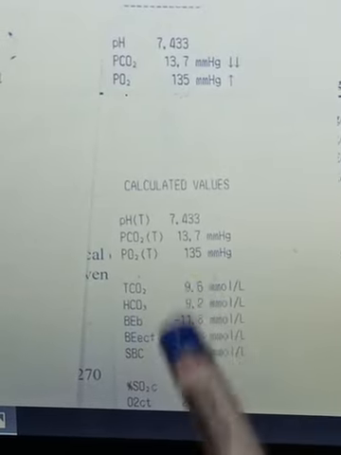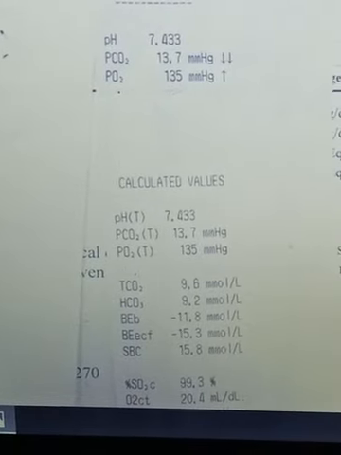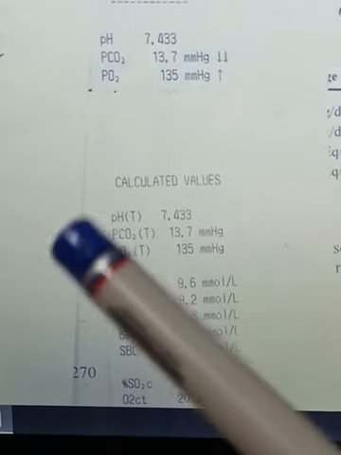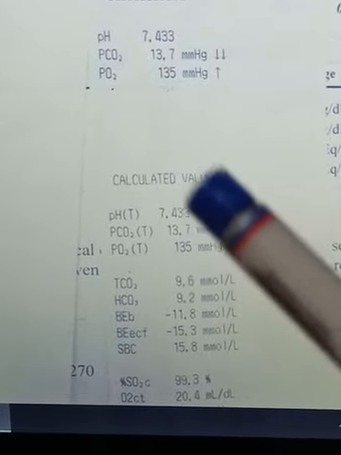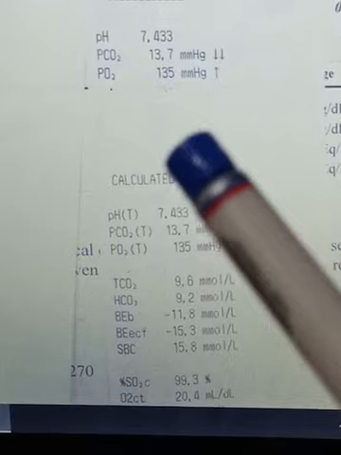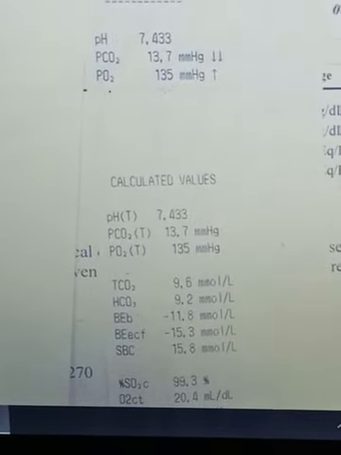Now, which one is the primary arrow in this ABG? To look for the primary arrow, you have to look at the pH. Now CO2 is decreased, bicarb is decreased, both are decreased, but look at the pH, that is 7.43. It means that is an alkalotic side.